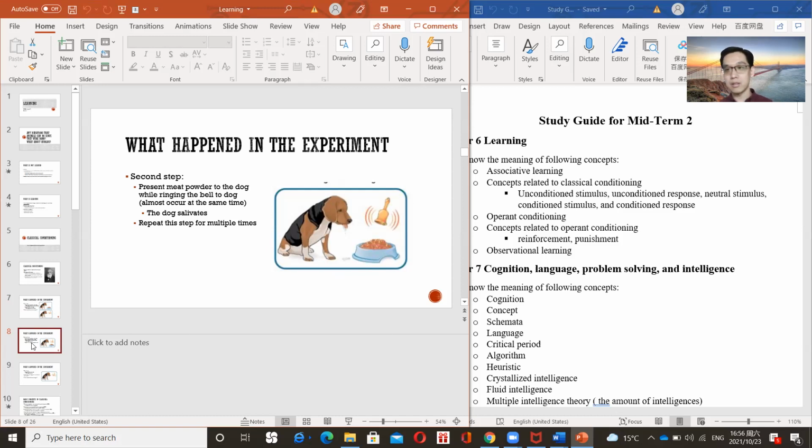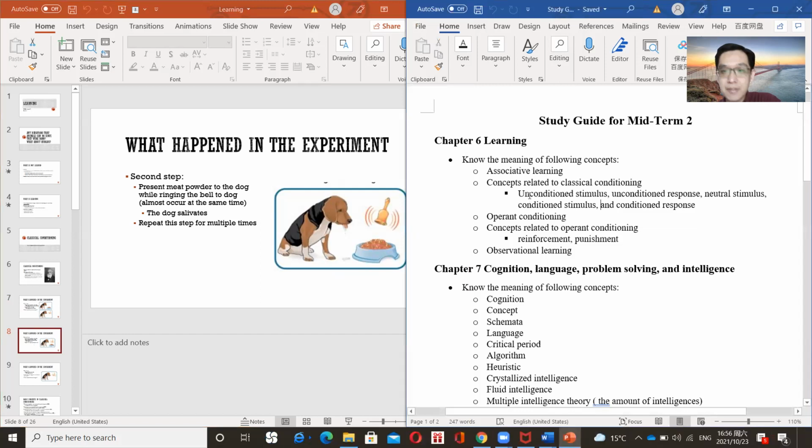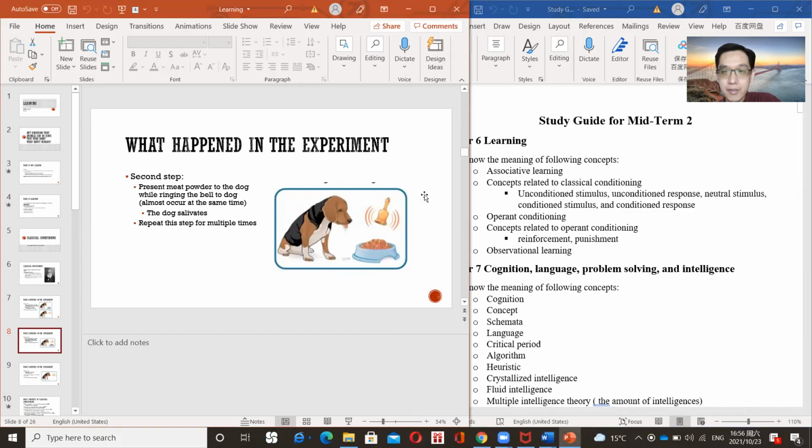The dog learns that when the bell is ringing, I need to salivate. So the ringing of the bell becomes the conditioned stimulus, and the salivation in front of the ringing of the bell becomes the conditioned response. These are the basic introduction of these concepts.